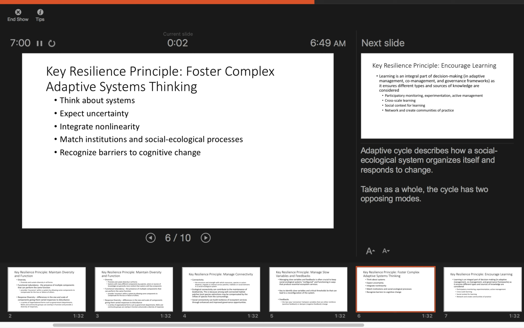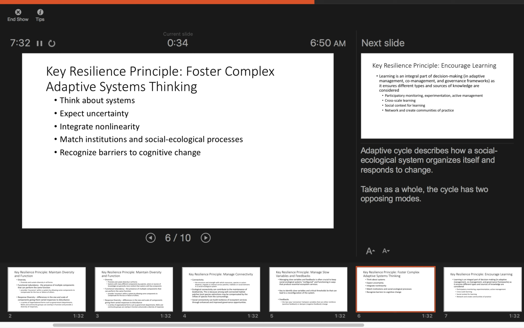The next key principle, complex adaptive systems thinking. This was something that was really emphasized in the first few weeks. Social ecological systems thinking in general is about complex adaptive systems and thinking about emergent properties and the way system components interact. So just a few bullet points here: expect uncertainty, integrate nonlinearity into thinking and planning.